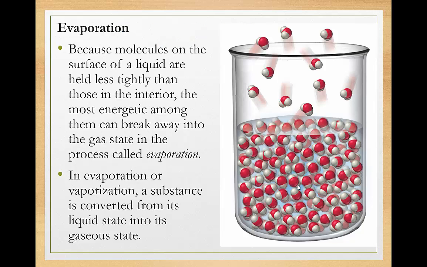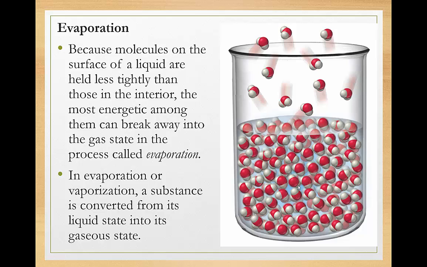So looking at a molecular view of evaporation, if we look at the molecules that are on the surface of the liquid, we know that they see less overall intermolecular forces. We already looked at the idea of surface tension, so there are forces drawing down on those top molecules, but there's nothing above them holding them together.